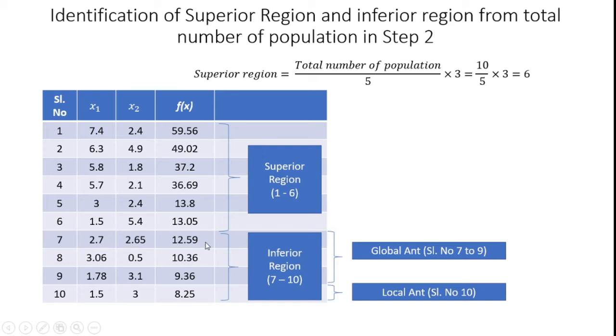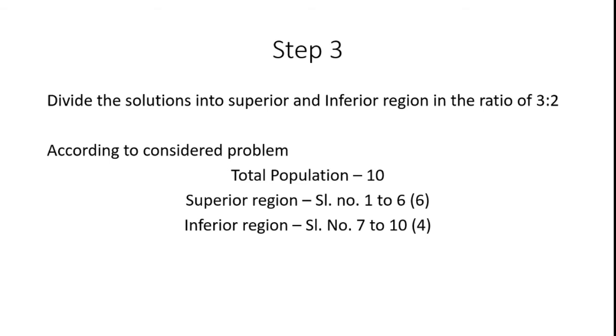Here you see, the first 3, that is 7, 8, 9, come under global ant, and since it is 4 is to 1, the balance 1 is local ant. According to this problem, 7, 8, 9 are global ants and 10 is a local ant. Likewise, I split the initial population.